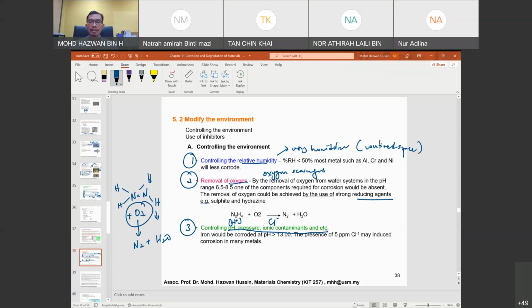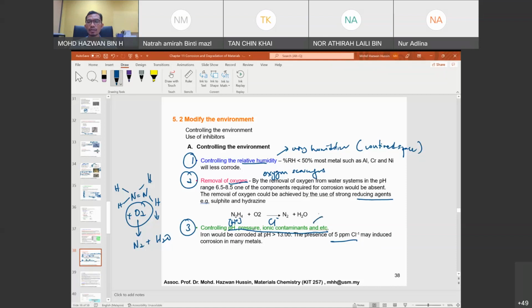Ionic contaminants, if your supply is city water or whatsoever, there is a permitted amount. It must be less than 5 ppm. Chloride ion content dekat air pipe ke apa semua, it must be less than 5 ppm. Okay, so how to control ionic contaminants?